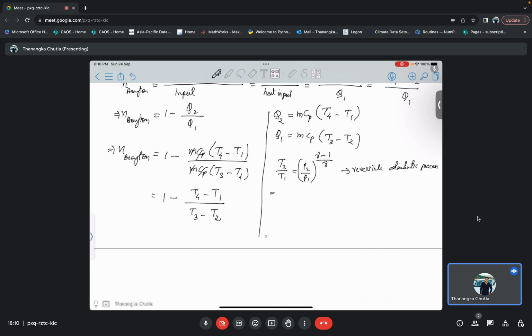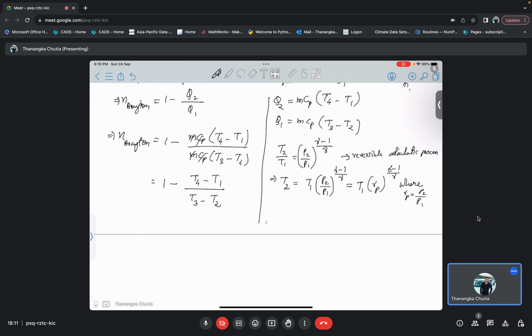So from here I can write T2 is equal to T1 into (P2 by P1) to the power (gamma minus 1) divided by gamma. Now let me name this as Rp, then this will be Rp to the power (gamma minus 1) divided by gamma, where Rp is equal to P2 divided by P1.